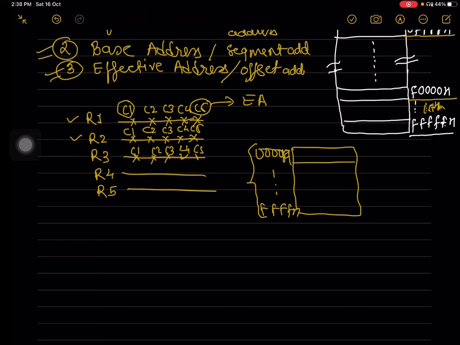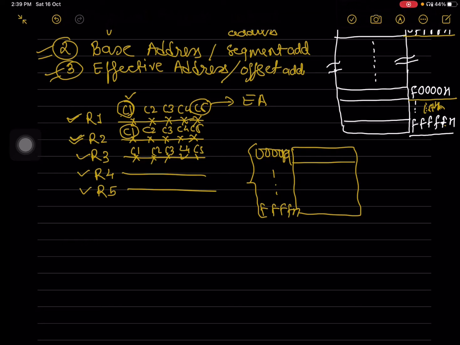But every row has a different row address. The first row is R1, second row is R2, third row is R3, fourth row is R4, and last row is R5. So the first house has column address C1 and row address R1. If I talk about the next C1 house in the next row, its column address is the same C1, but its row address is different, that is R2.